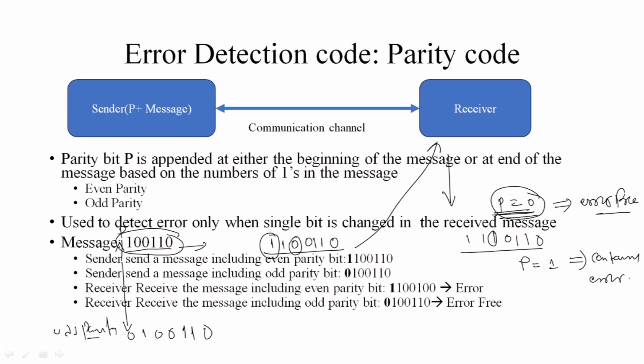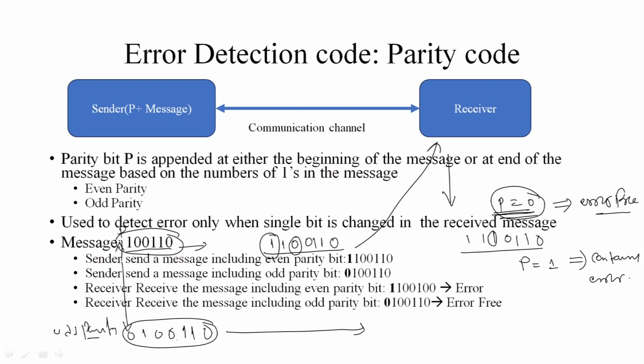This message is sent by a sender to a receiver, and the receiver knows that the parity bit is the odd parity bit, present at the beginning of the message. Then the receiver computes again, checking the value of the parity bit including this odd parity bit.